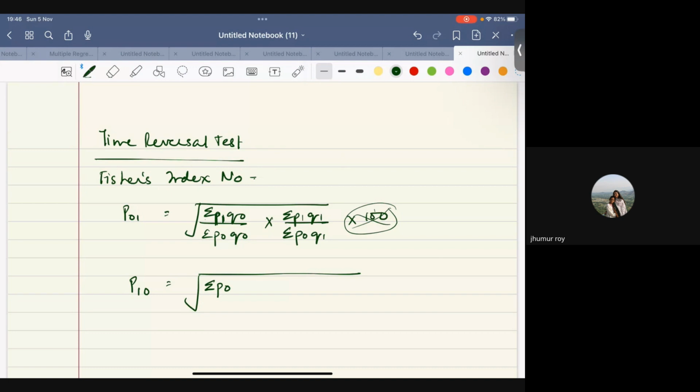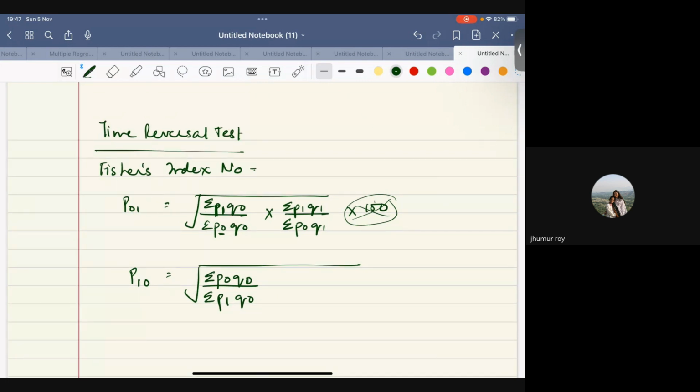So I've changed the time. First, this was for 23, I had written P1. Now for 23, I am writing P0. Then I have Q0, divided by, over here I had written P0, so now I will write sigma P1 Q0. Is it clear? So I've just changed the time period.